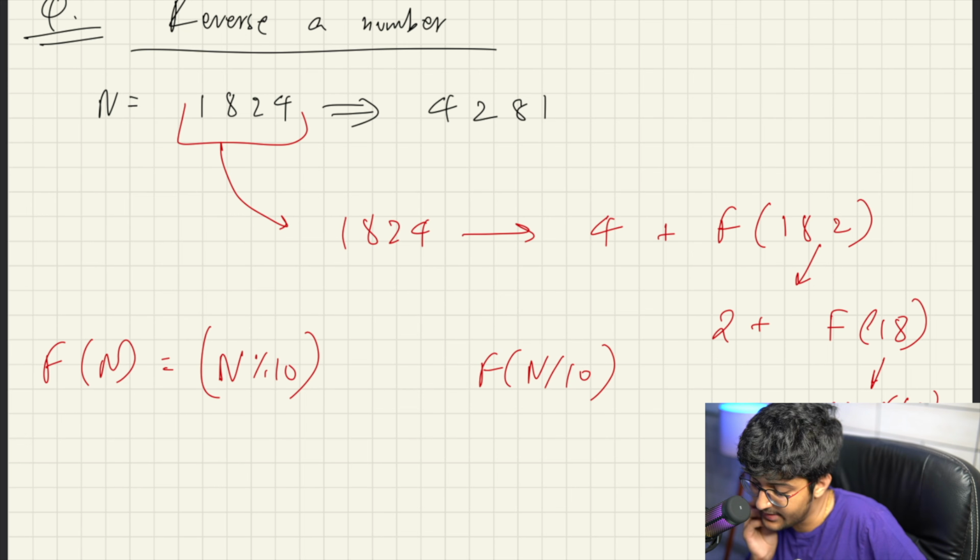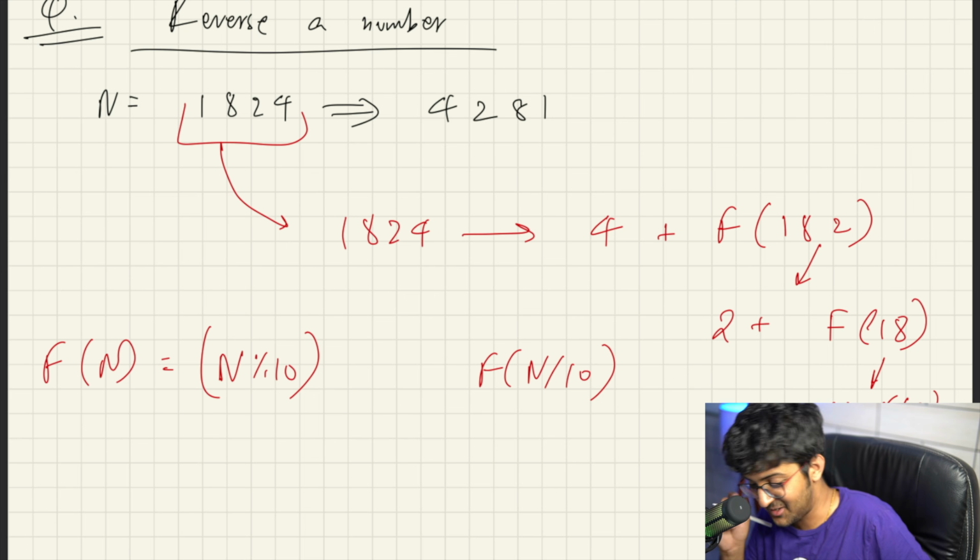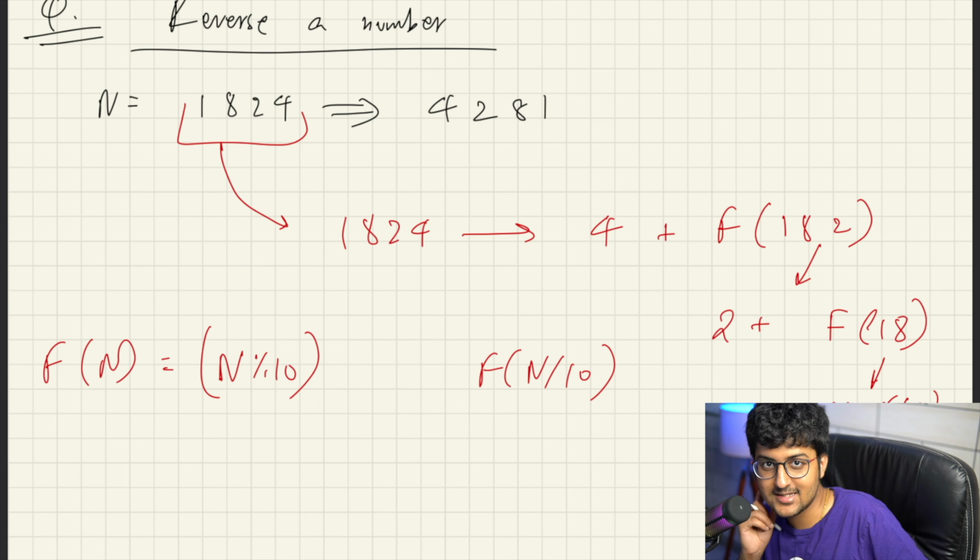But how do we actually add it? I need to get the 4 to the thousands place. How do we do that? There are many ways to do it. I'm just thinking which one to tell you, or I can tell you all the ways. You can either take a separate argument.